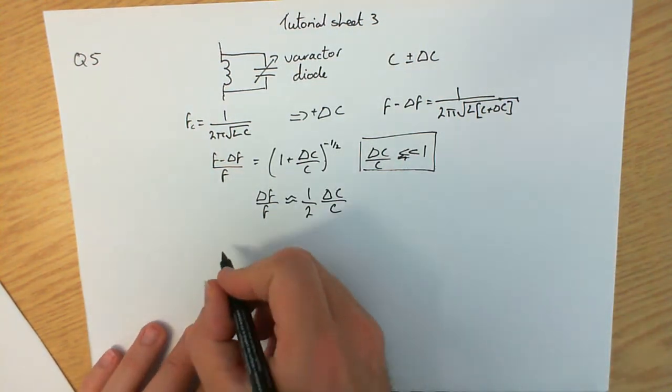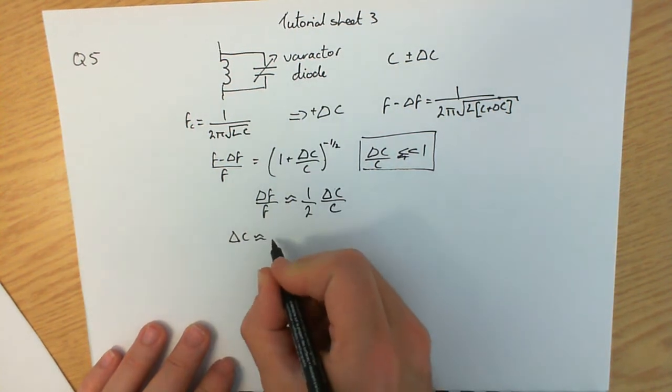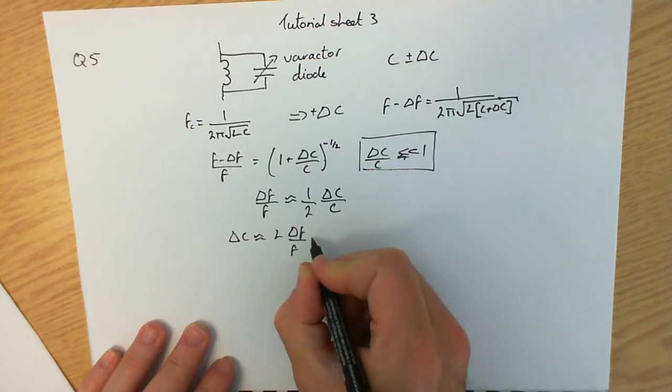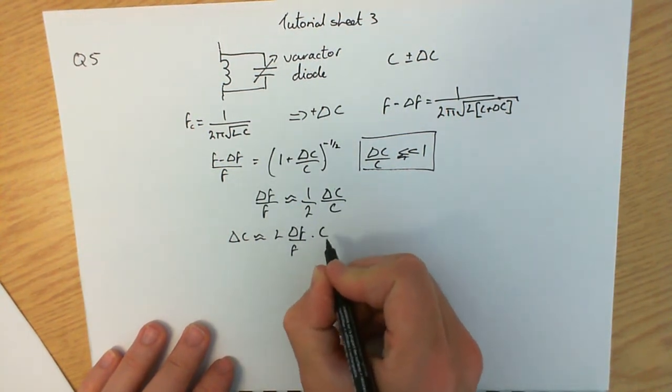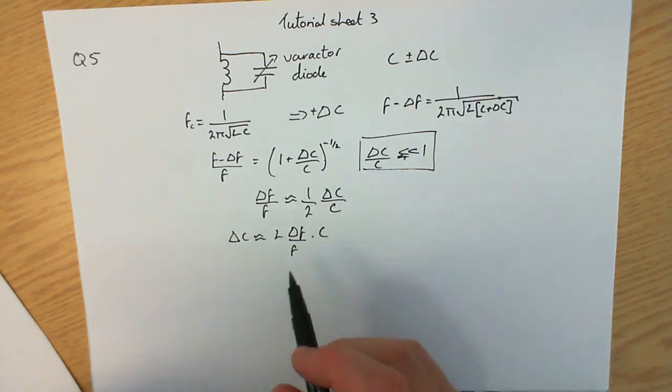So if we use that, then we can obviously write that delta C is approximately equal to 2 delta F over F multiplied by our capacitance that we have on our diode.